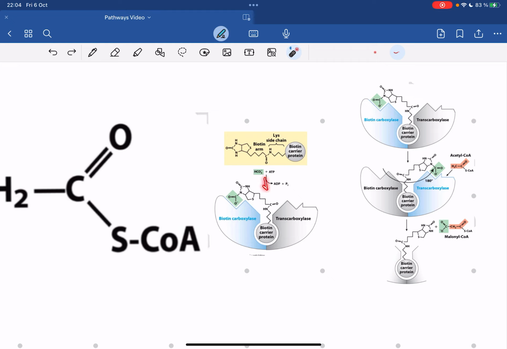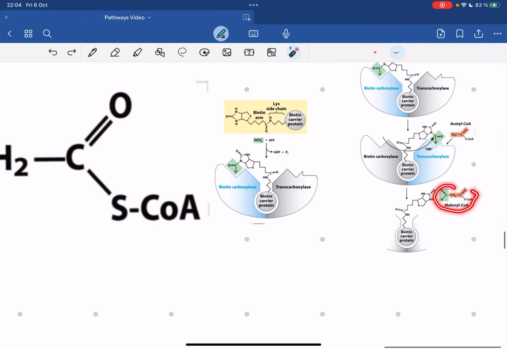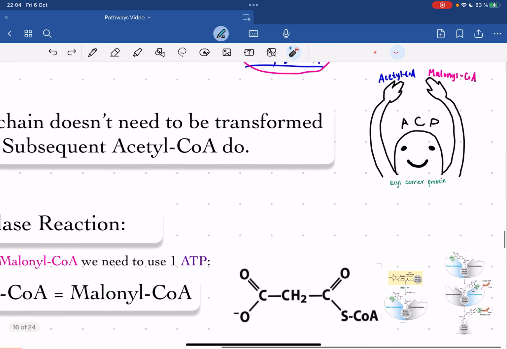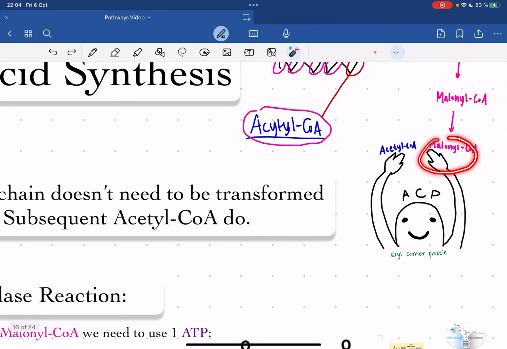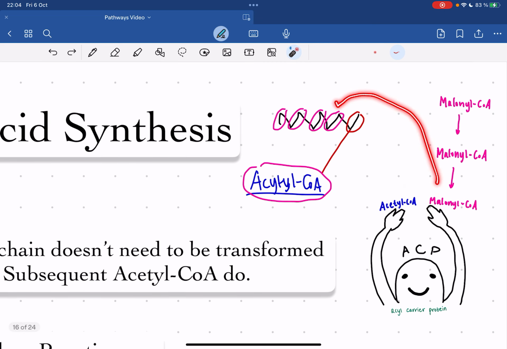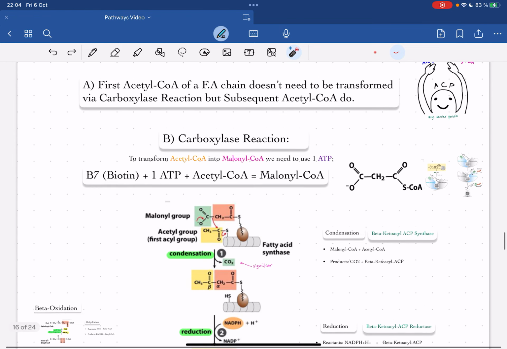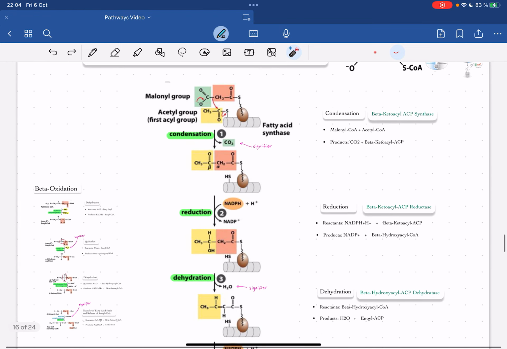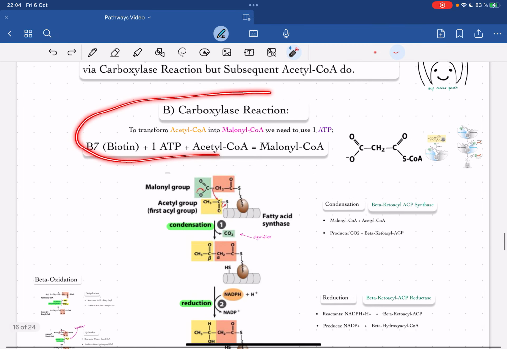And this reaction takes acetyl-CoA right here, and it adds this carboxyl group into the acetyl-CoA, creating this malonyl-CoA. And this malonyl-CoA is now this transformed acetyl-CoA, which can be used by the ACP molecule in order to add into the fatty acid chain molecule. Alright, that was the carboxylase reaction.